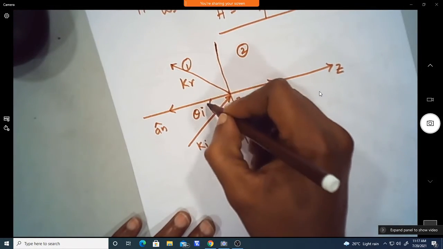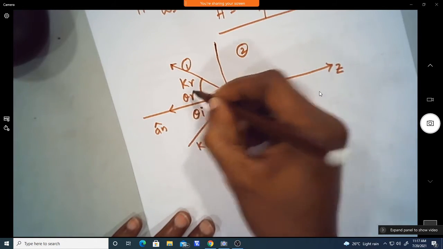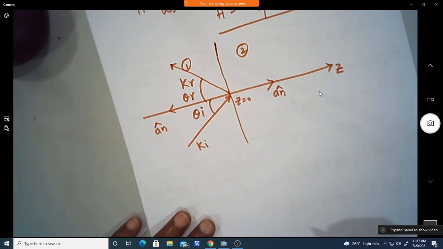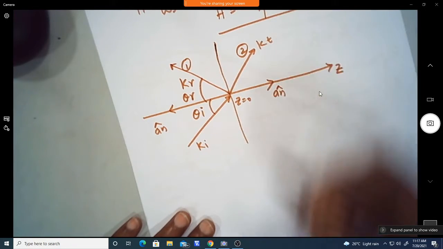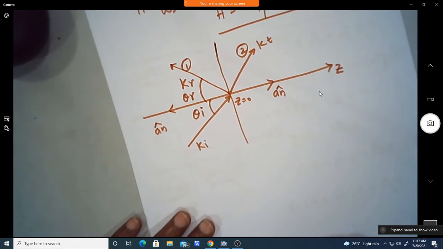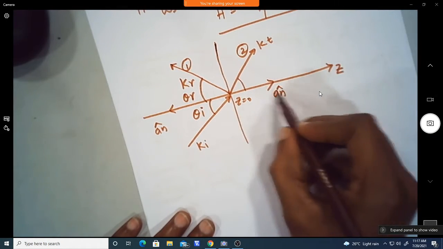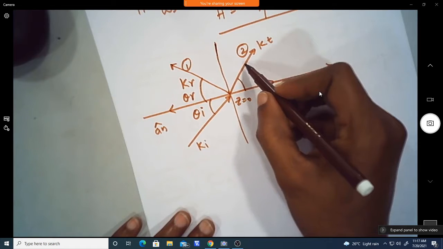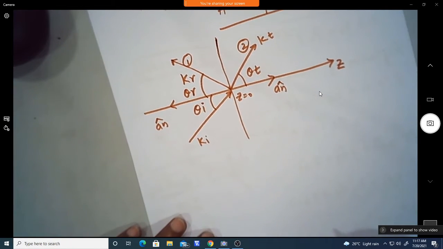With respect to the unit normal vector and this propagation vector, we have the reflected angle, theta r. Similarly, we have the transmitted wave with propagation vector kt, and the angle between the normal and this propagation vector is the angle of transmission, theta t.